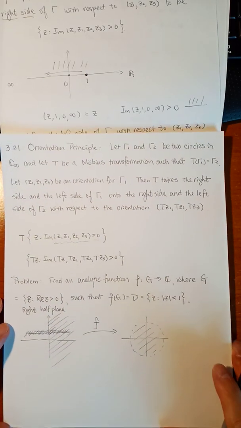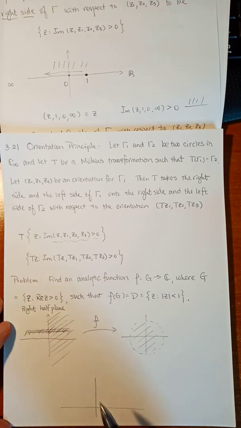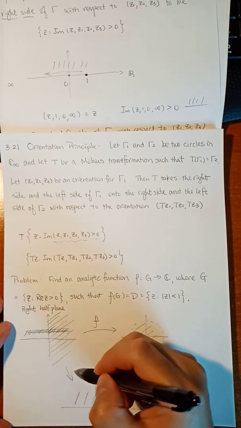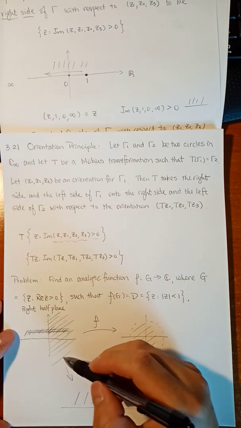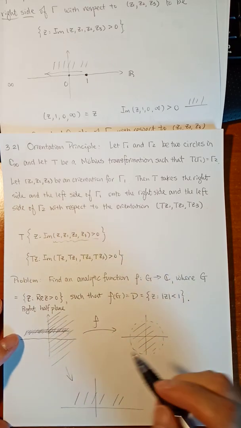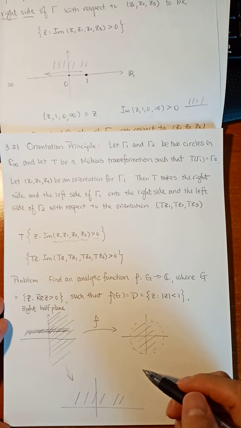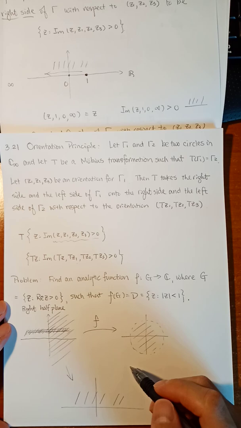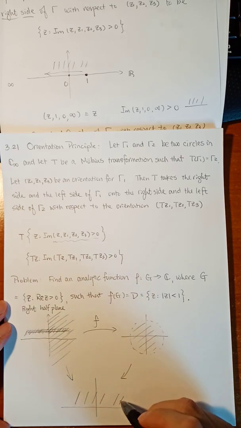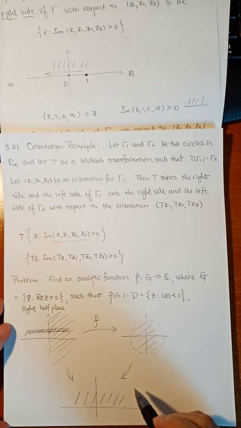Instead of doing such a construction, we are going to do the following. We're going to construct an analytic function, a Mobius transformation, from the right half plane to the upper half plane. We also want to construct one from the unit disk to the upper half plane.